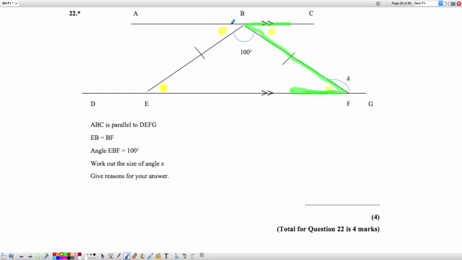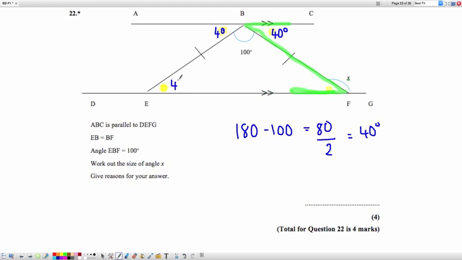This means then that we can start by subtracting 100 from 180, which will give us the missing 2 angles here and here, which sum to 80. So we divide by 2, and each of those angles is going to be equal to 40. So we have 40 here, we have 40 here.